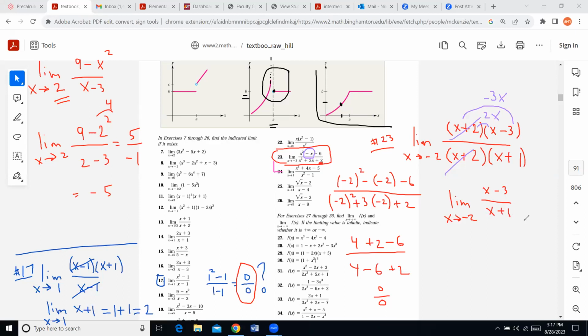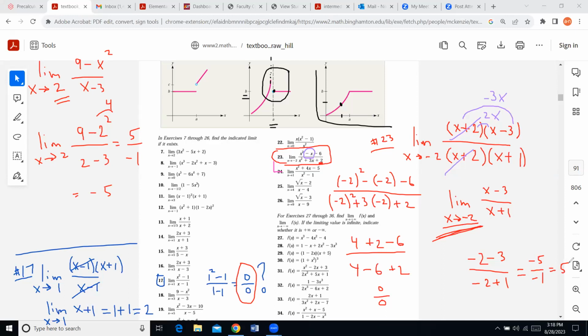So I can put, instead of x, the number -2, so it'd be -2 -3 and -2 plus 1. See, once you've canceled, you plug that number in, whatever x is approaching, and get yourself a nice answer. So it's -5 over -1, which is just 5.